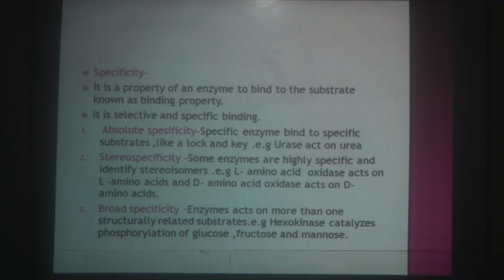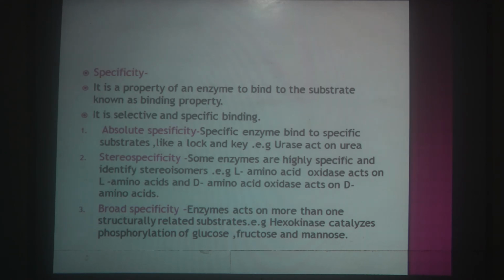First, absolute specificity. A specific enzyme binds to a specific substrate like a lock and key. For example, urease acts on urea. The second type of specificity is stereospecificity.